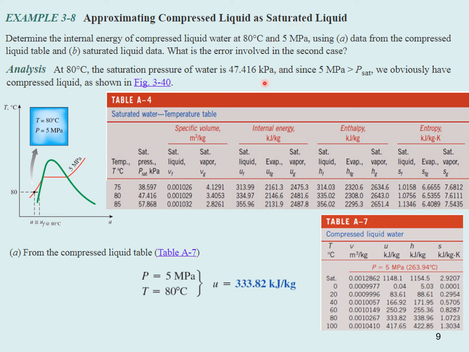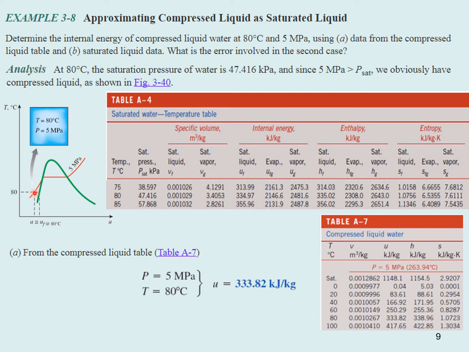Therefore, this is going to be a compressed liquid. In fact, if we look at it on the chart, you have temperature on the vertical axis, and here we'll graph the internal energy on the horizontal axis. The green curve is always the same, and so the temperature is going to go up, across, and up. And here is 80 degrees C right here. So we're definitely a compressed liquid.